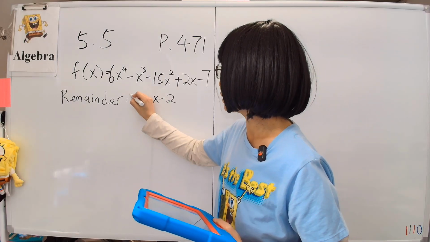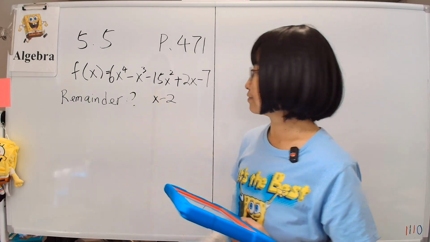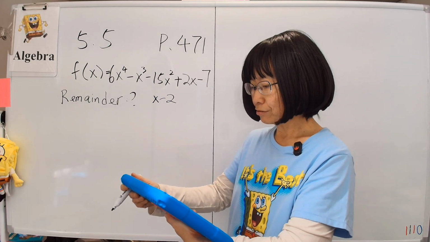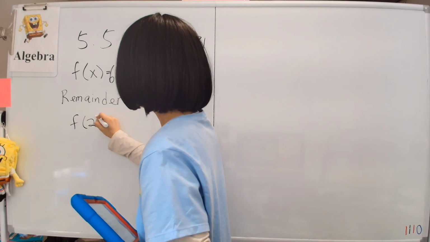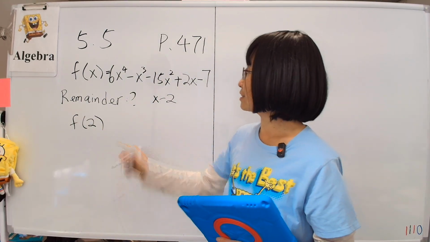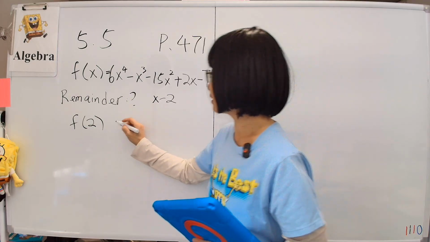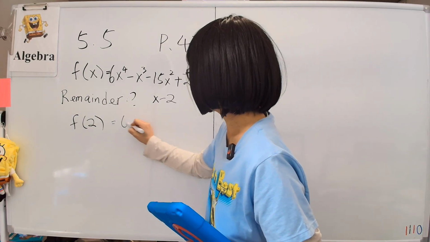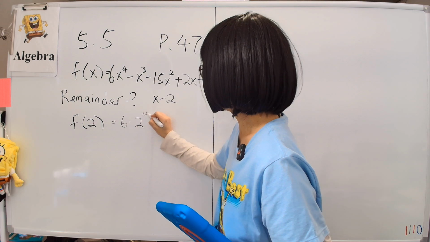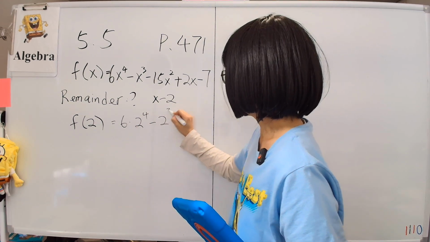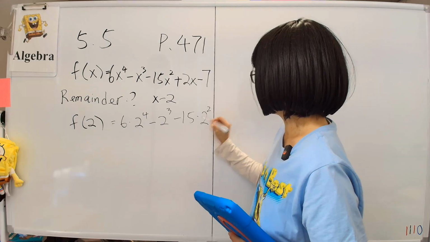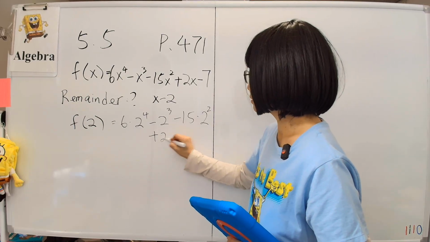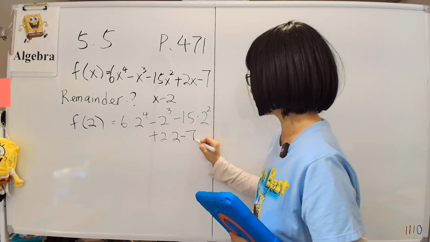The rule says the remainder is simply f of 2. So let's calculate what that is. Let's plug 2 in there. That will be 6 times 2 to the power 4 minus 2 to the power 3 minus 15 times 2 to the power 2 plus 2 times 2, and then minus 7.